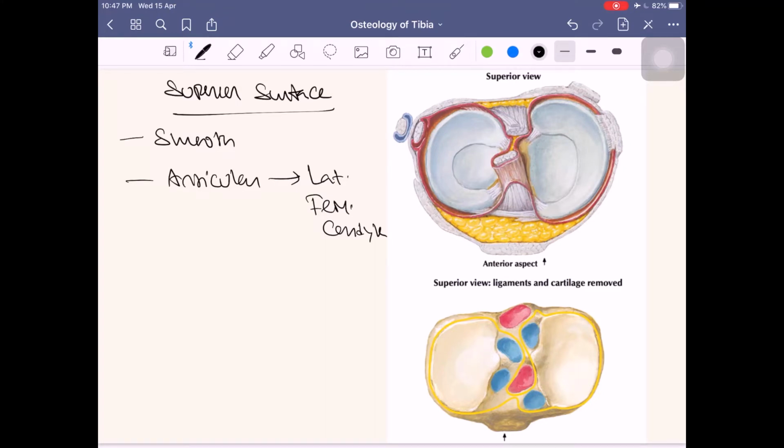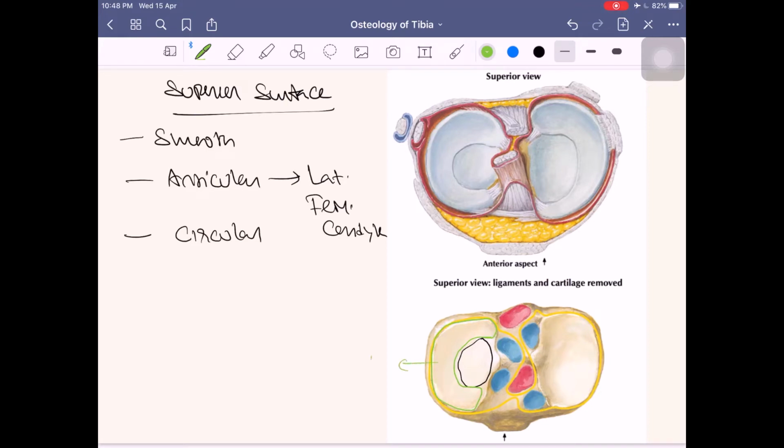The medial one was oval in shape, but here you see they are more or less the same in comparison. Here you will get a circular shape, so the lateral one is circular, whereas the medial one is oval. Just like we have seen in the medial, in the lateral one also the central part is concave, whereas the peripheral part is flat.